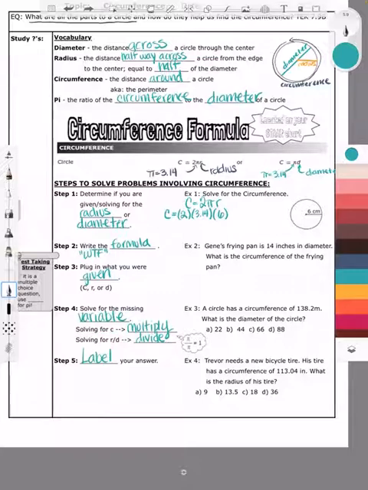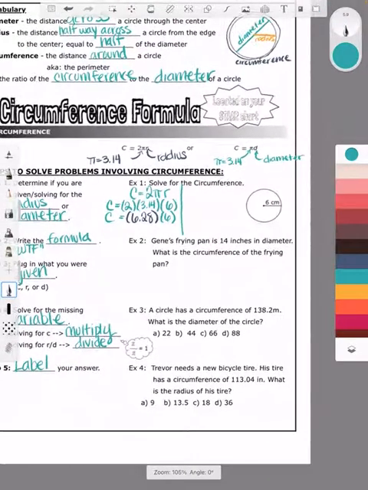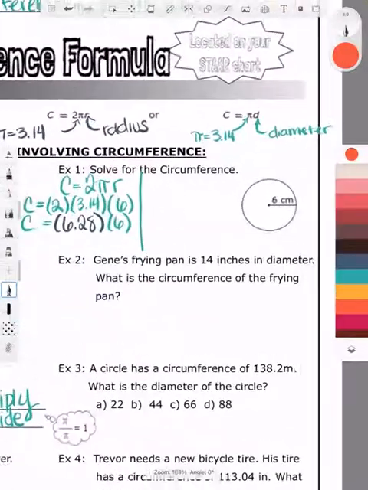So all we're going to do is multiply these three numbers. I'm going to combine 2 and 3.14. 3.14 times 2 gives me 6.28, or 6 and 28 hundredths. And then I'm going to bring down my 6. Now all that's left for me to do is multiply 6 and 28 hundredths times 6. We're going to do that off to the right here.